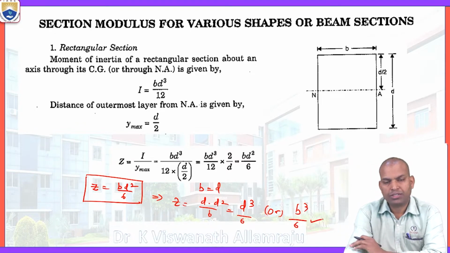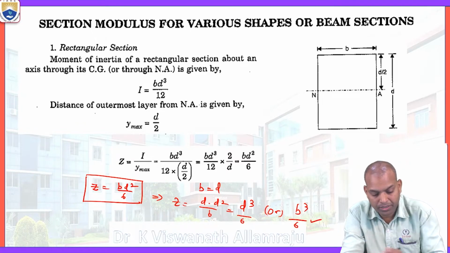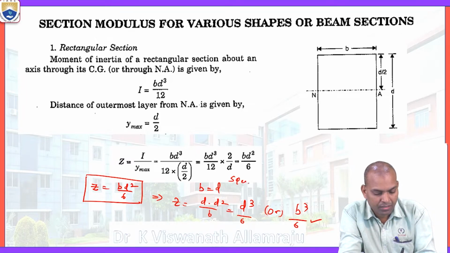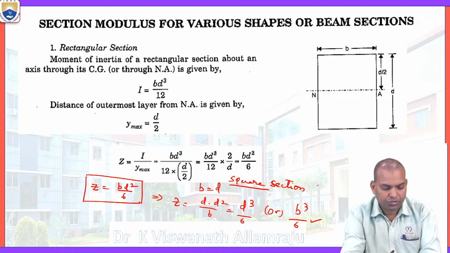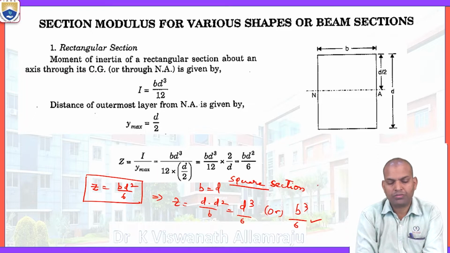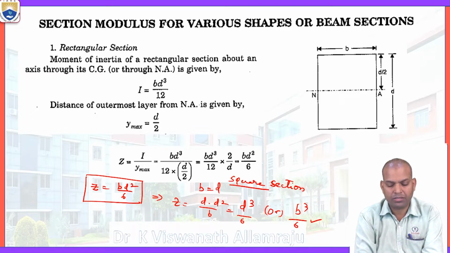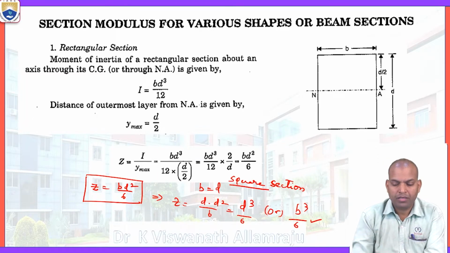This is the value of the section modulus of a square beam. For a square section, the section modulus is d cube by 6 or b cube by 6.